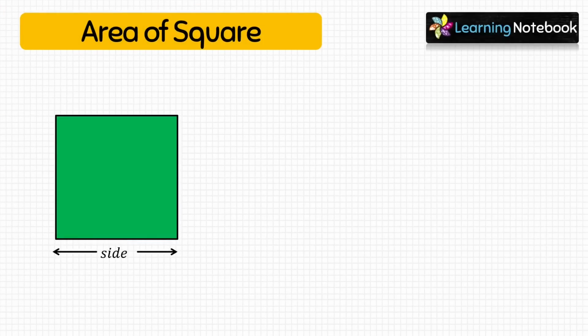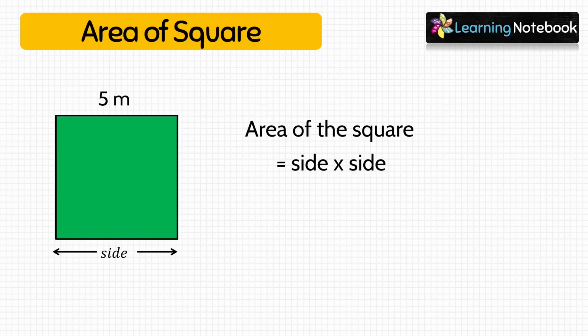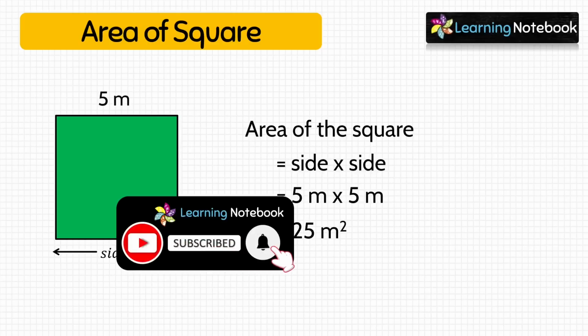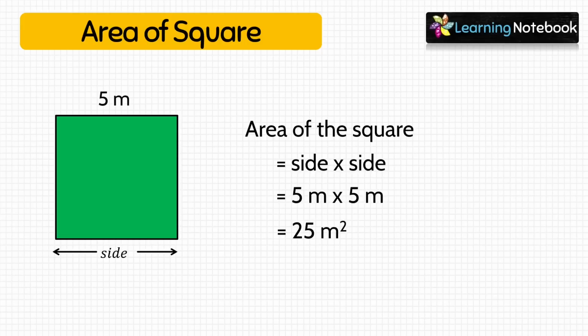Now, let's say the length of the side of this square is 5 meters. So, area of this square would be side into side. And we know side is 5 meters. So, we get 5 meters into 5 meters, which equals 25 square meters. Again, do note that unit of area is either square meters or square centimeters.